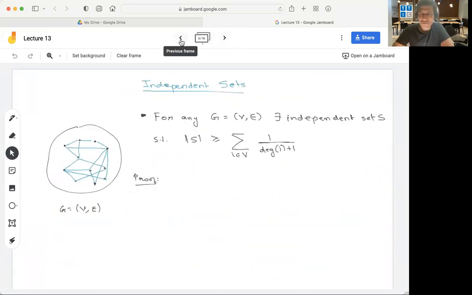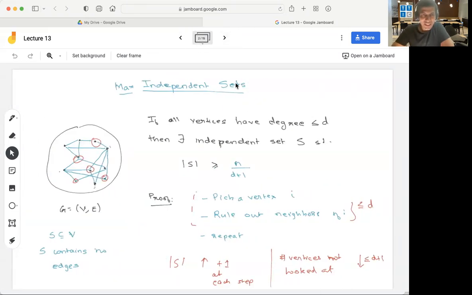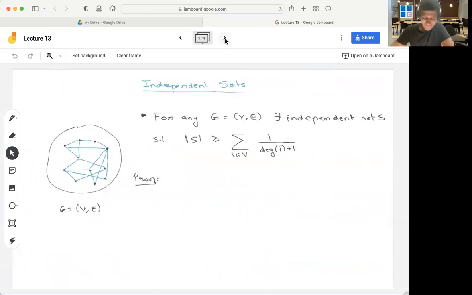Okay, so that's just a simple greedy bound. I didn't really need to do anything very sophisticated to prove this. A more interesting bound: we can pretend that every vertex had a contribution of 1 over degree plus 1.